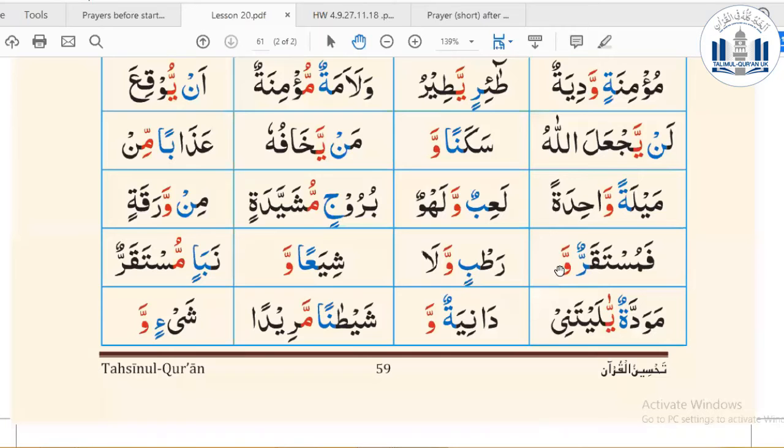Karunwa. Well done, excellent. Okay, so this is a bit more difficult because there's 3 letters that you have to join together, and you also have to keep in mind the idgham rule. Okay, so qaf you join to the ra, then you get rid of one of these tanweens, so you get rid of this one dhamma, and then you join the ra to the waw with the 2-second nasal sound in between.